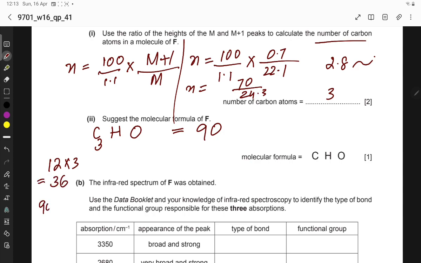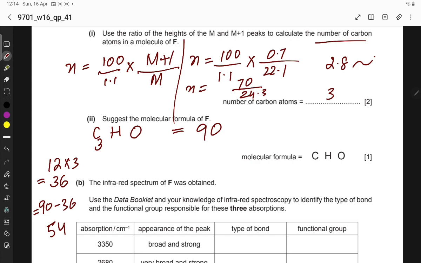Now subtract 90 minus 36, to find out the number of oxygen atoms first, then afterwards hydrogen. So 90 minus 36 is equal to 54.